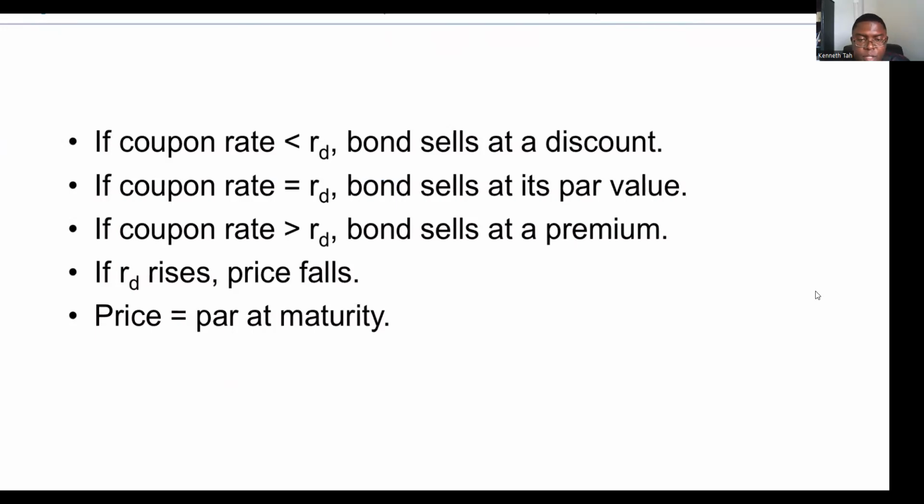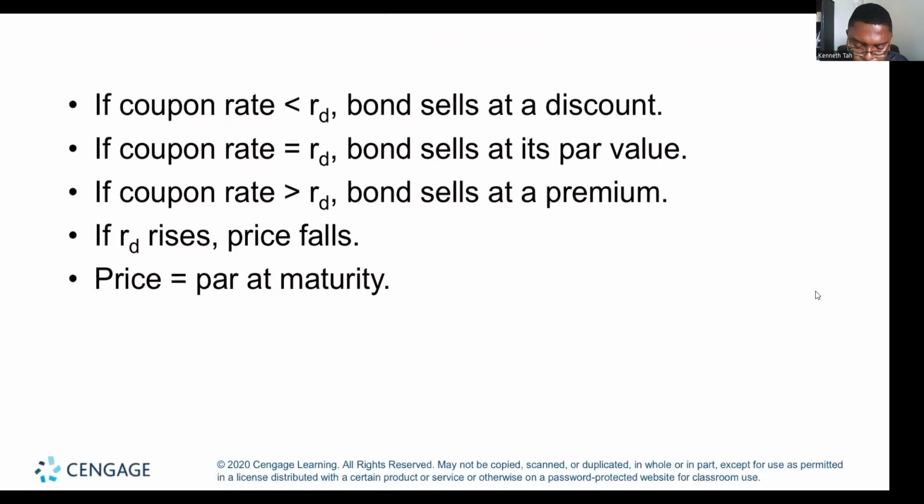If yield to maturity rises, bond price is going to fall. The inverse relationship we have seen. Bond price is equivalent to par at maturity. So whether it is a premium bond or a discount bond, they all move towards the par as the bond gets to maturity. Okay.